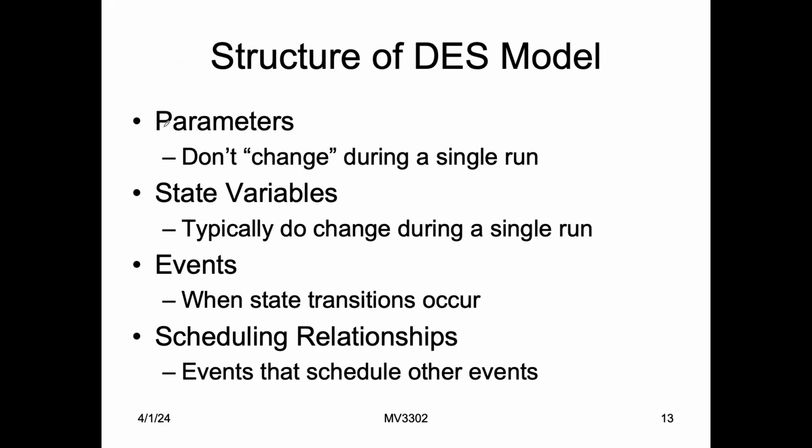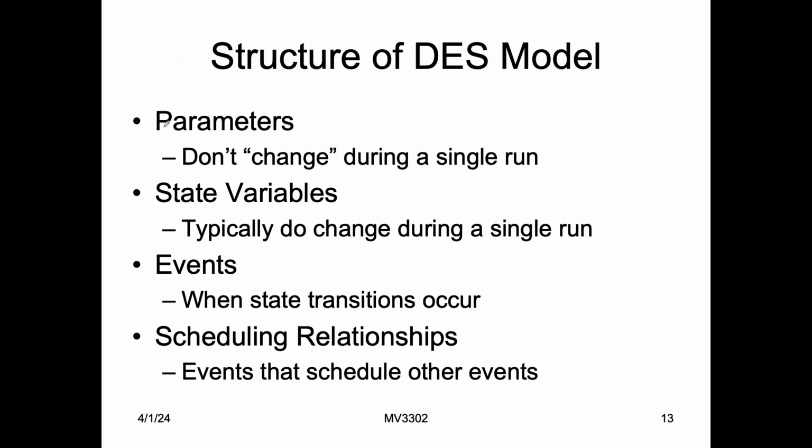Every discrete event simulation model has two types of variables: the state variables that we've talked about, and parameters. So what's the difference? A parameter is something that doesn't change during a simulation run. And I say changes in quotes because, as we'll see, sometimes a parameter could be a sequence of numbers, but that sequence isn't going to change. But a state variable typically does change.